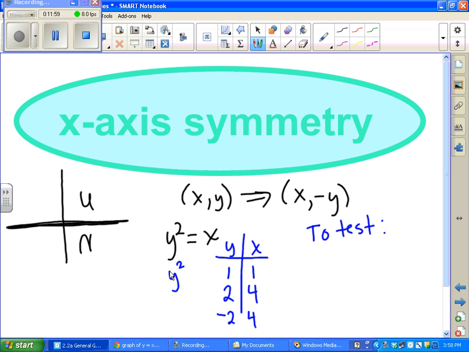So what changed? The x stayed an x. The y turns to negative y. So to test it, you're going to plug in negative y into the original equation. Then you're going to simplify. And if you simplify and you get your original back, then it has x-axis symmetry.